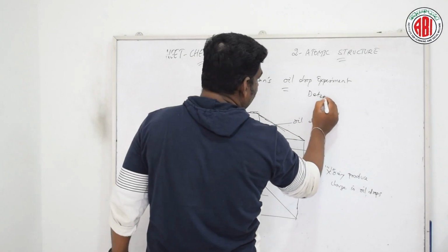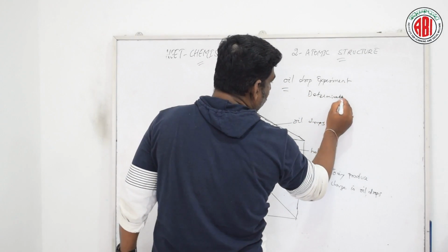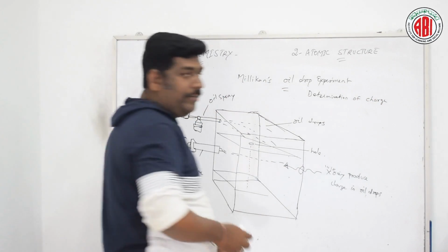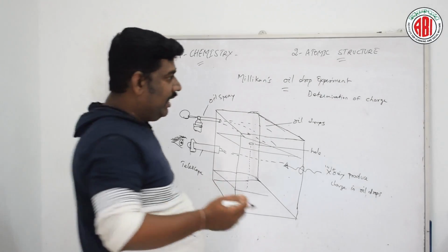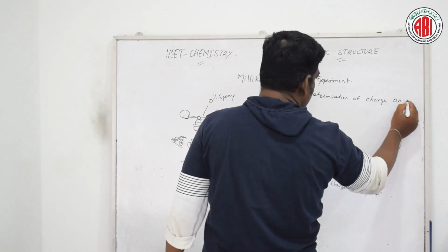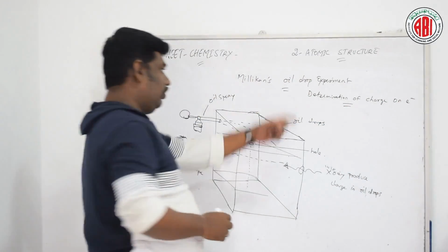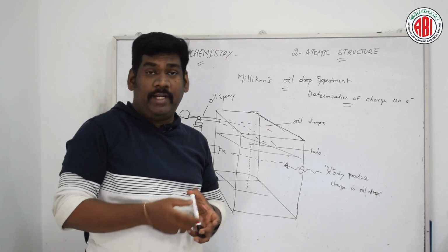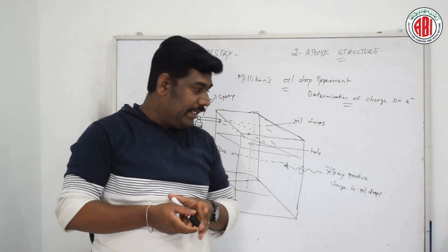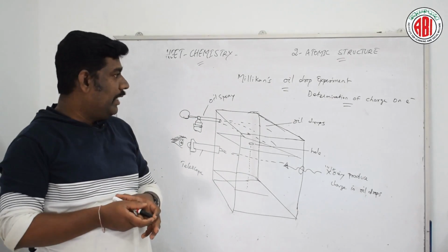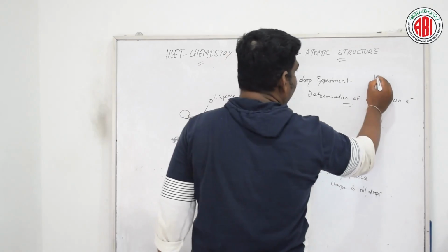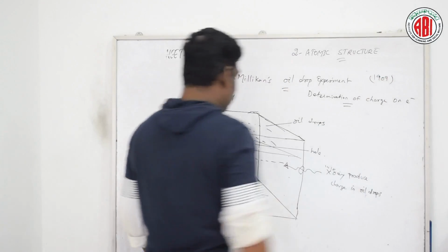Determination of charge on electron. The charge of an electron or of a fundamental particle was determined by R.A. Millikan by doing his experiment in the year 1909.